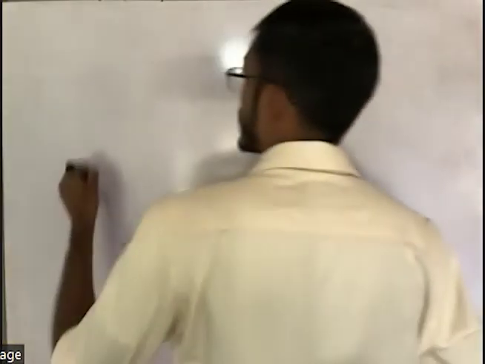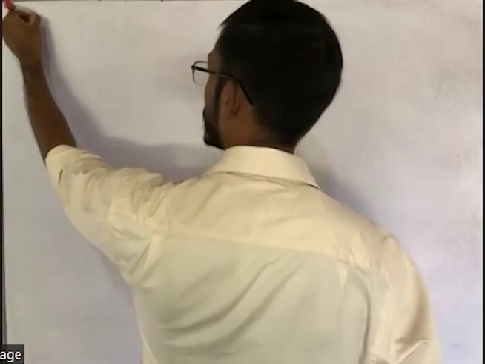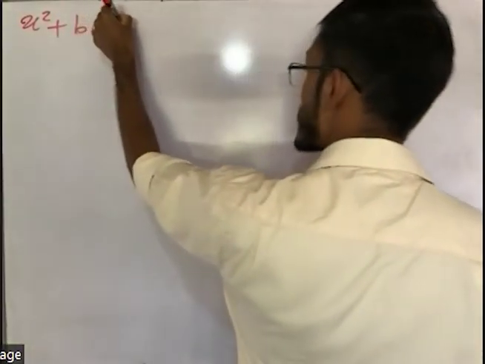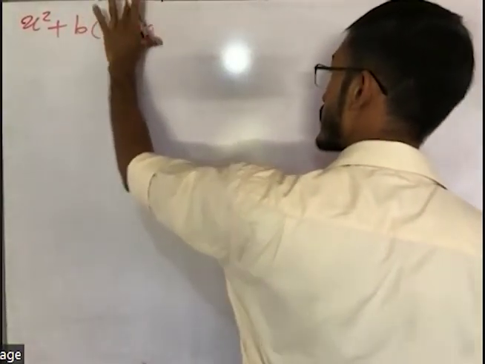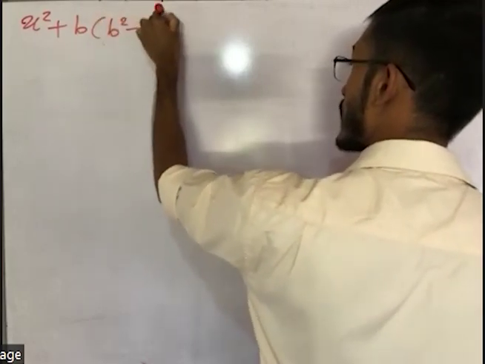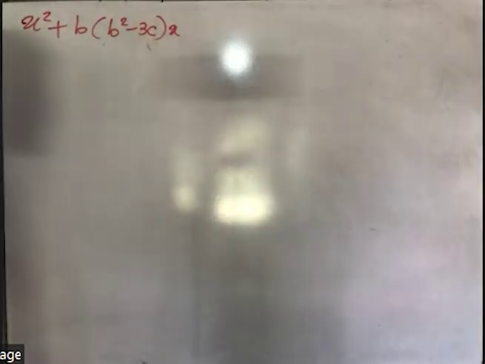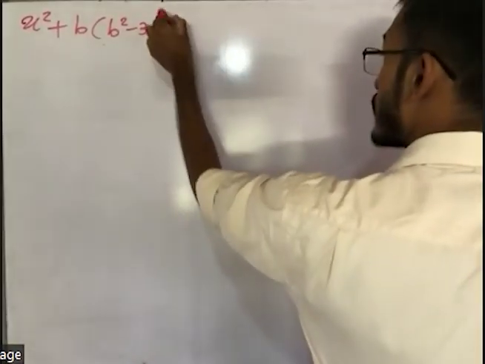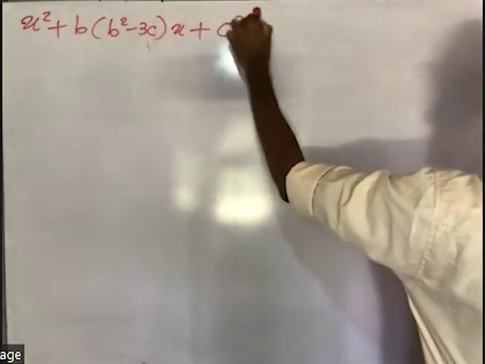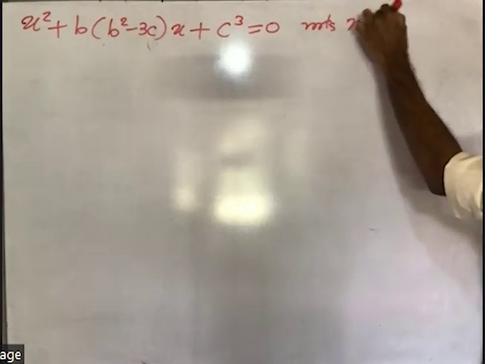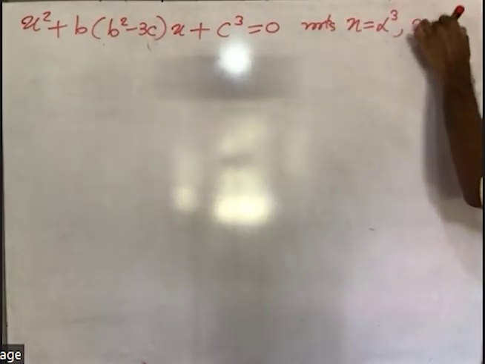So our second equation was x square plus b into b square minus 3c x plus c to the power 3 equals 0. Here the roots are x equal to alpha to the power 3, comma x equal to beta to the power 3.